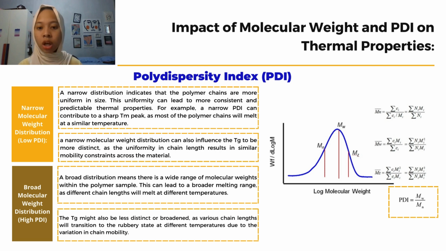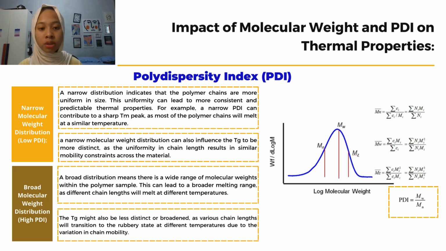similar temperature. A narrow molecular weight distribution also influences the Tg to be more distinct, as uniformity in chain length results in similar mobility across the material. For broad molecular weight distribution in PDI, a broad distribution means there is a wide range of molecular weights within the polymer sample.